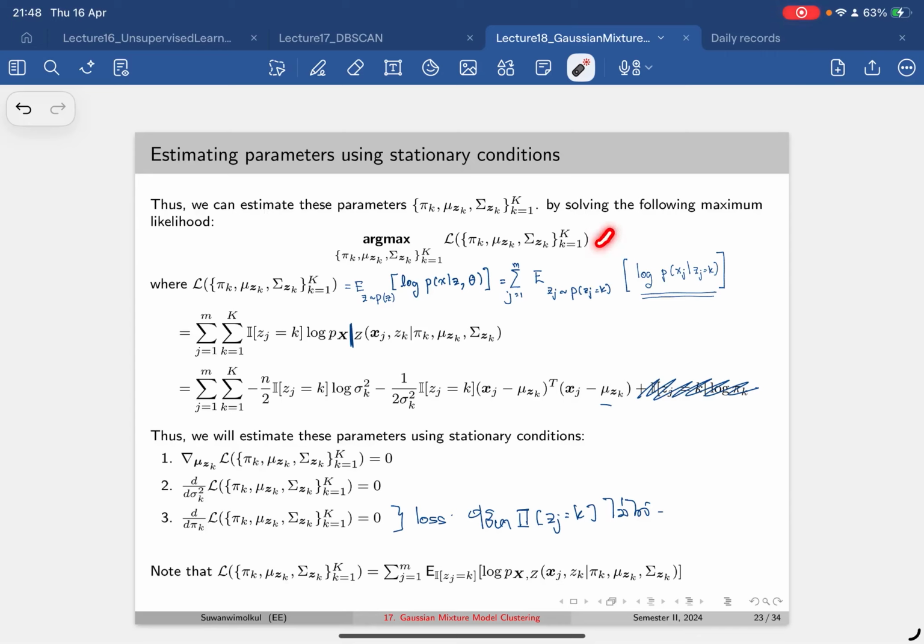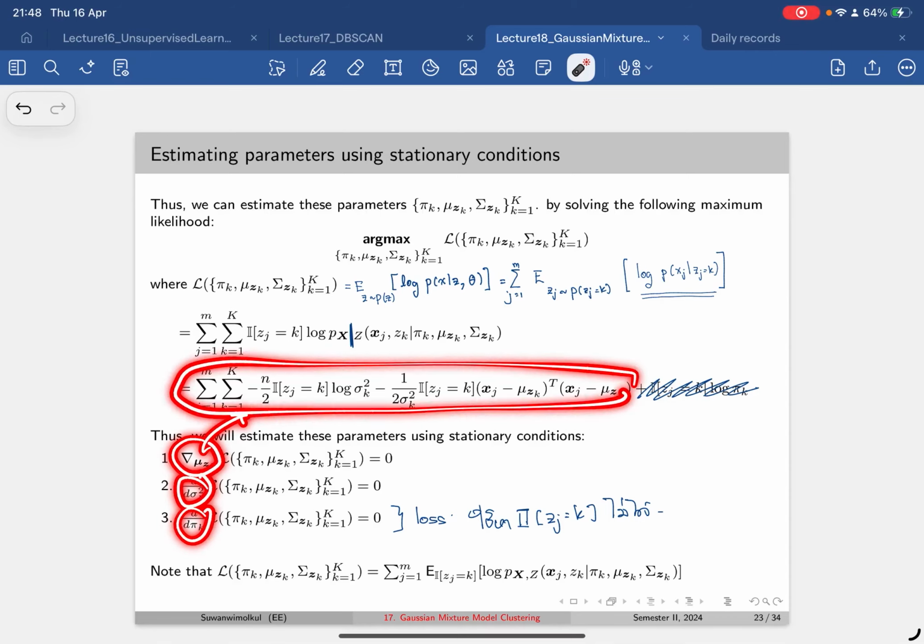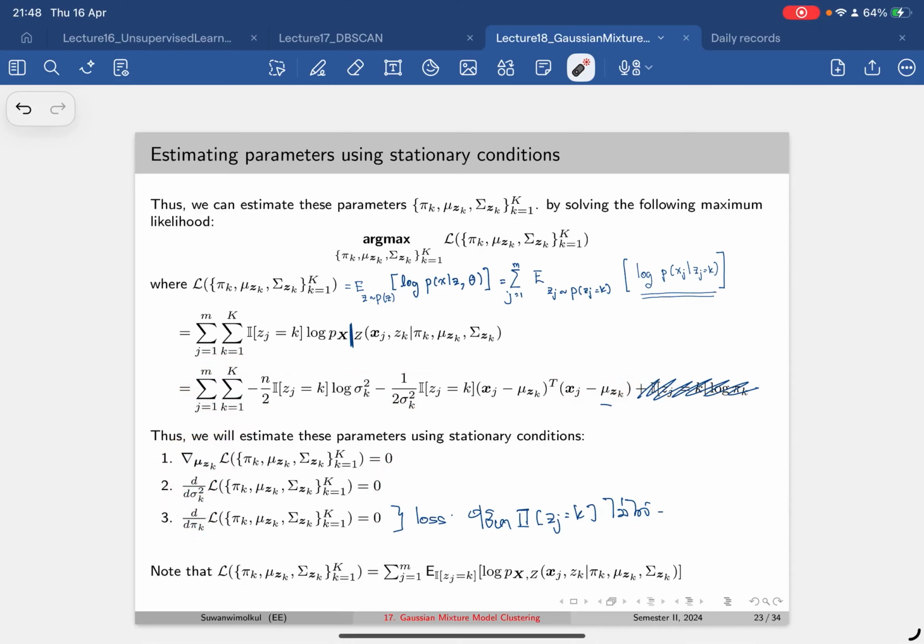Once we have this, we go over with the concept of expectation maximization, where we start to maximize this loss function with respect to the model parameters. We do that by taking the gradient of this loss function with respect to each model parameter and equating that to 0.